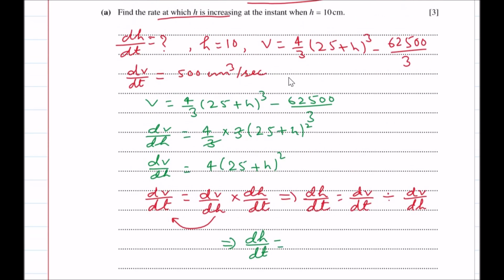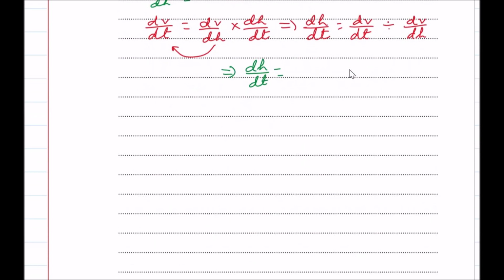So 500 divided by 4 times, we have got 4 times (25 plus h) whole square.